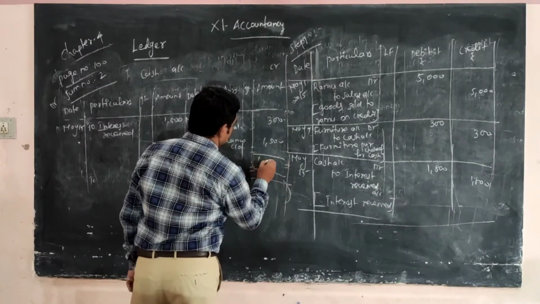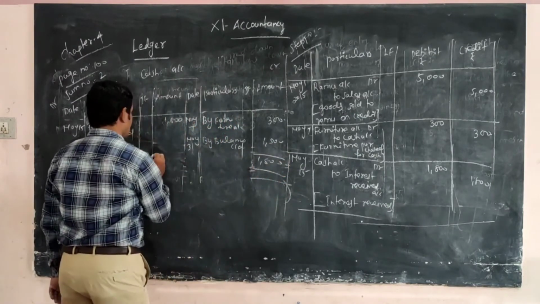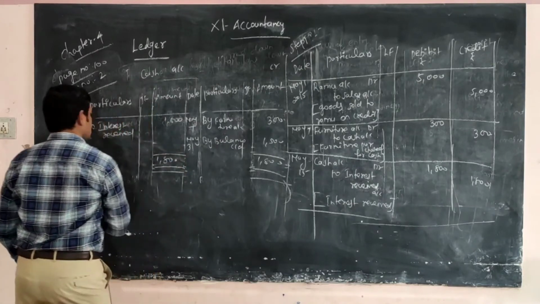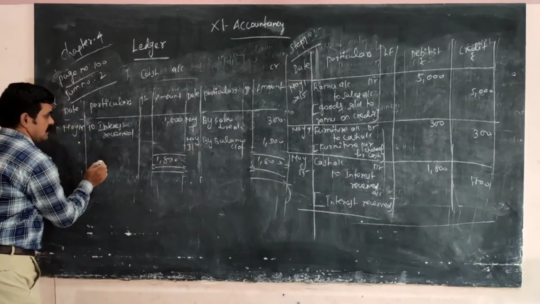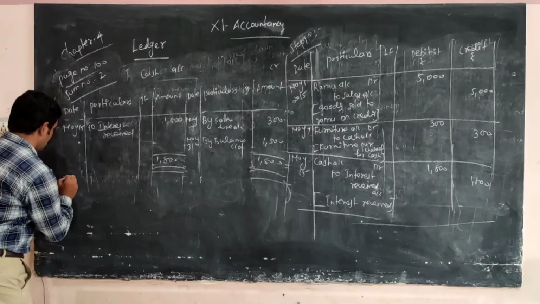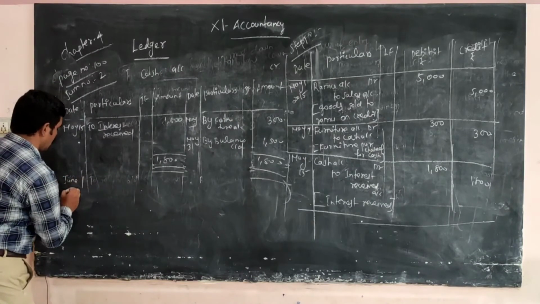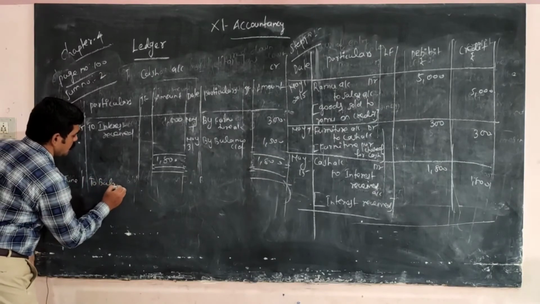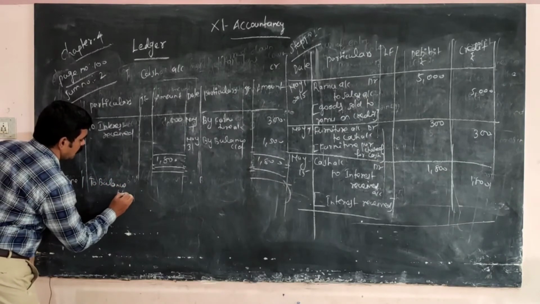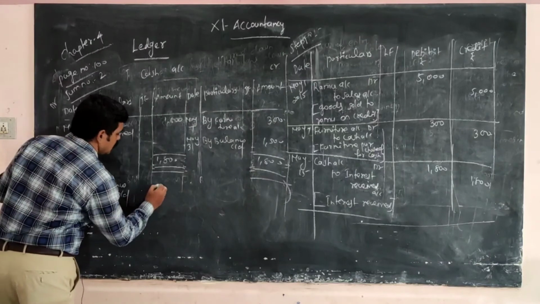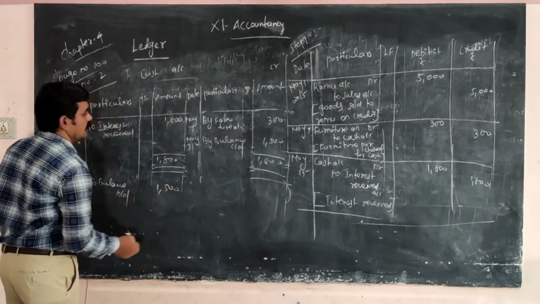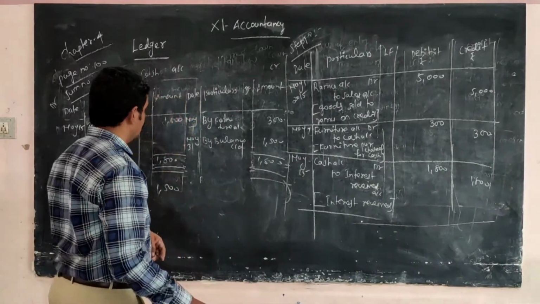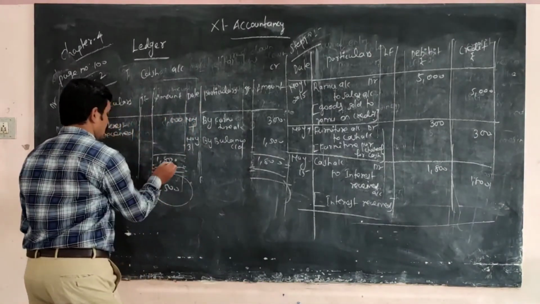Here the amount is 1800, here 1800. Okay, so transfer June 1 to balance brought down. The amount is 1500. So this is the answer. 1500 is the answer.